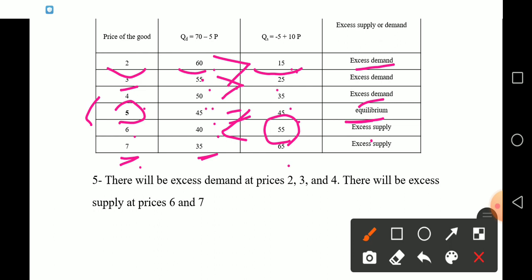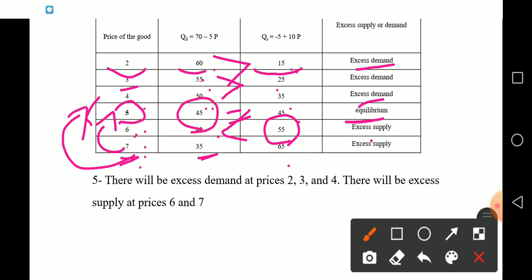Here I have also a surplus. So when we have excess supply at prices 6 and 7, the price has to decrease to reach the equilibrium point.